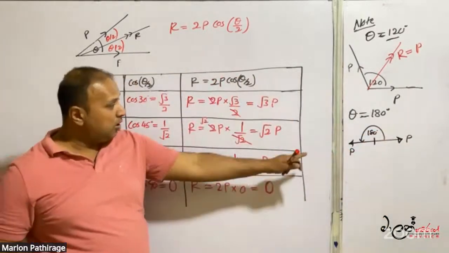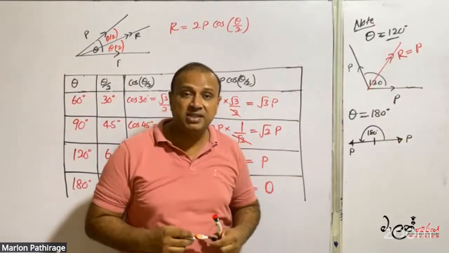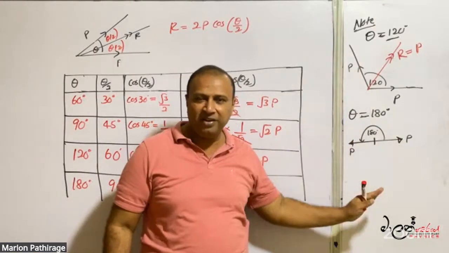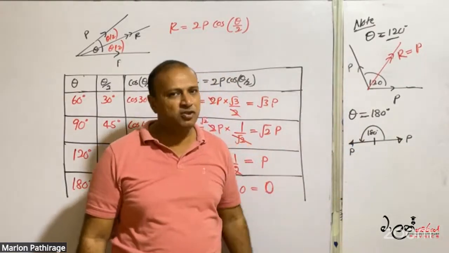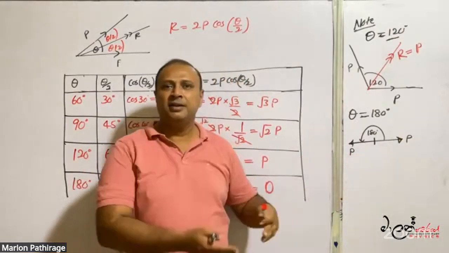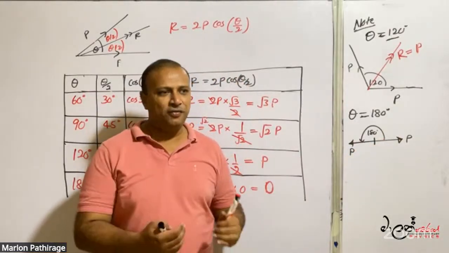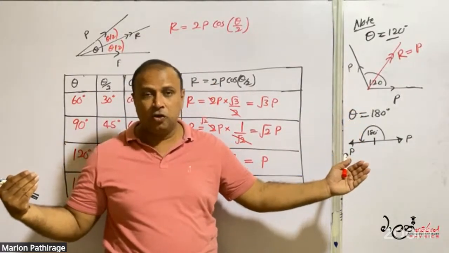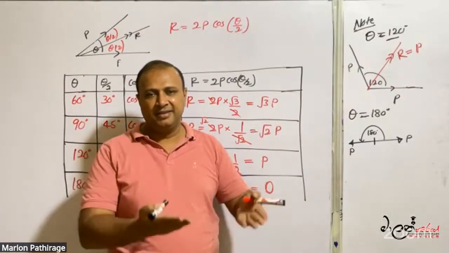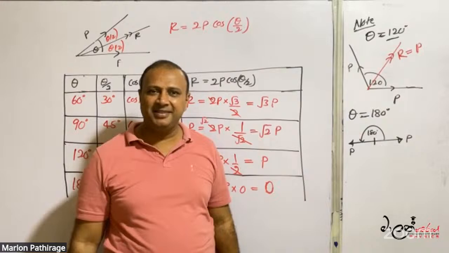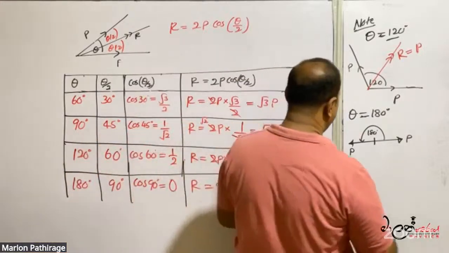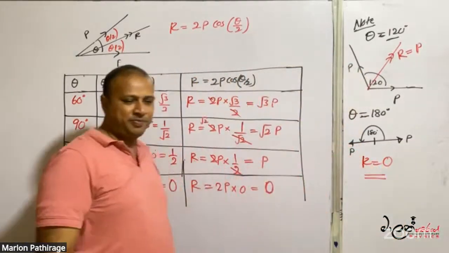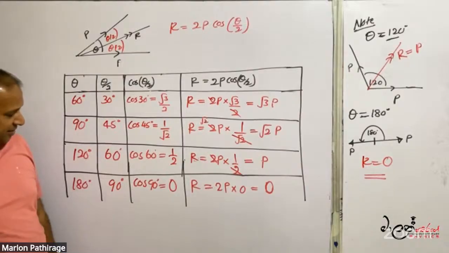That means there are two equal forces in two opposite directions. Definitely the resultant force should be 0. If we apply 10 Newton force to one side and 10 Newton force to the directly opposite side, there will not be any resultant. The resultant is 0, so R is equal to 0. Is that clear? If you got that one, please raise your hand. Okay, then I understand.